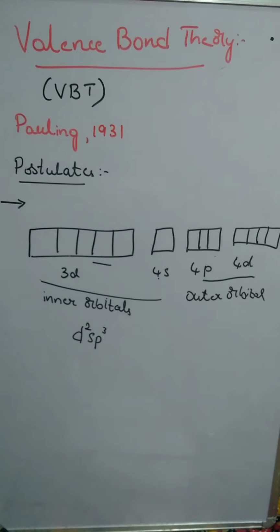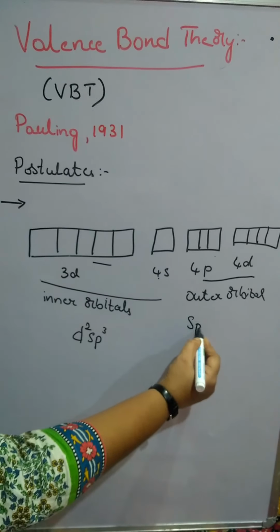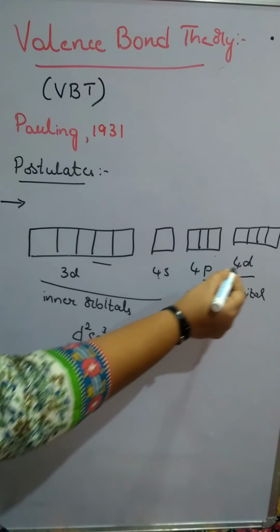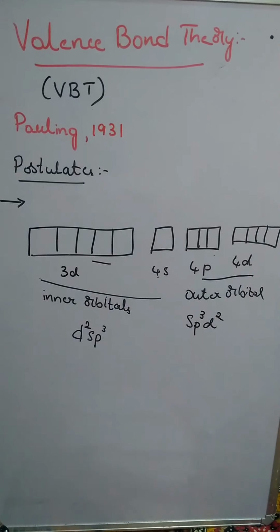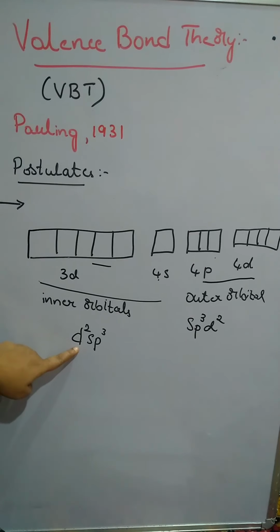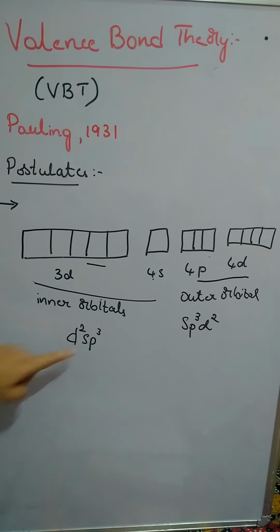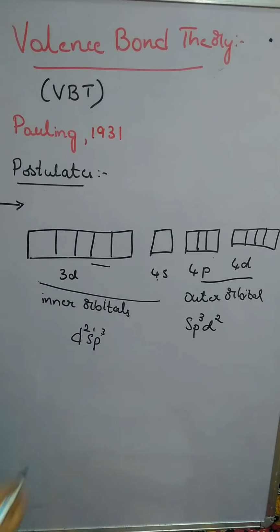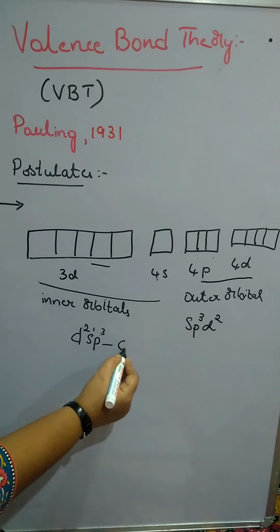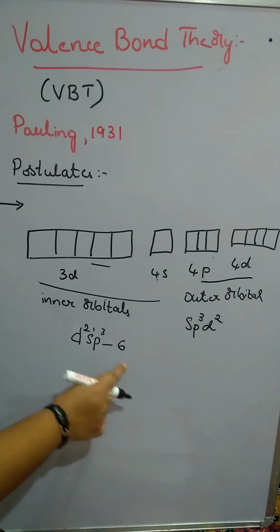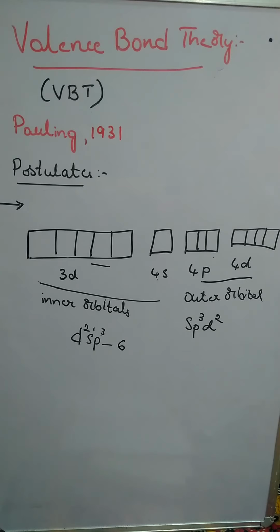For an outer orbital complex, it is sp3d2, that is 4s, 4p and 4d orbitals are involved. You can observe here 2, 3, that is d2, plus 3, it is 6. So 6 orbitals are forming, which means the coordination number of the complex is 6.